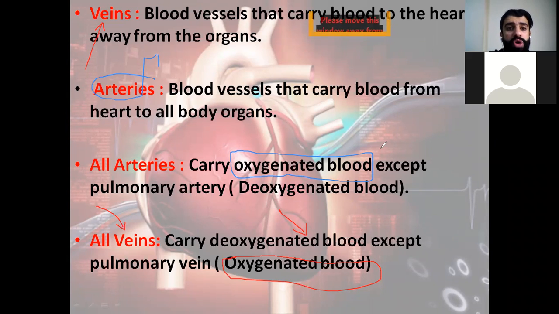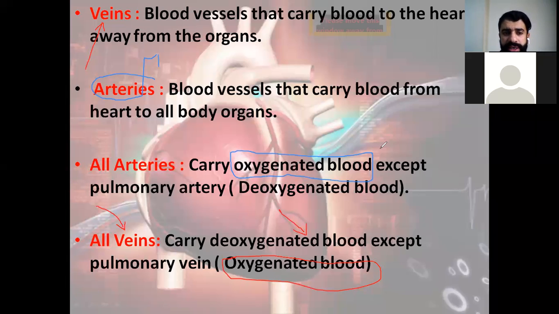So here you have to be careful about these notes. I will repeat: all the veins are blood vessels that carry blood to the heart away from the organs. All the veins carry deoxygenated blood except for the pulmonary vein, which carries oxygenated blood.